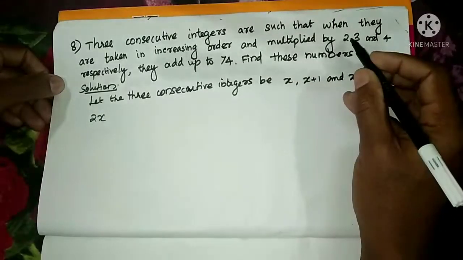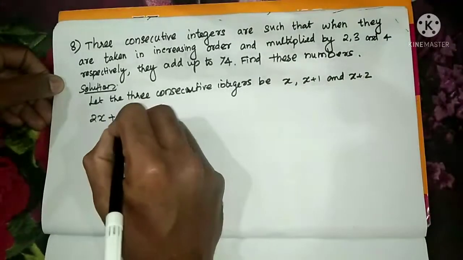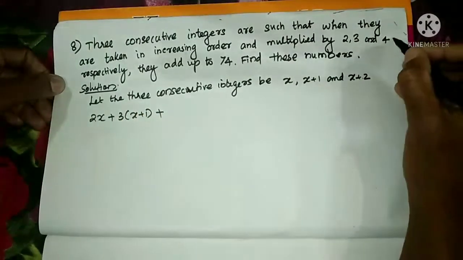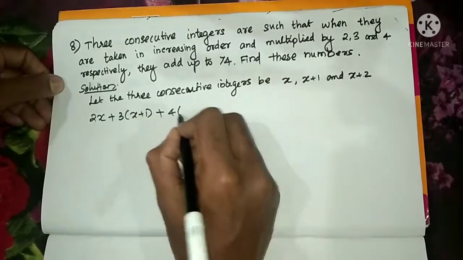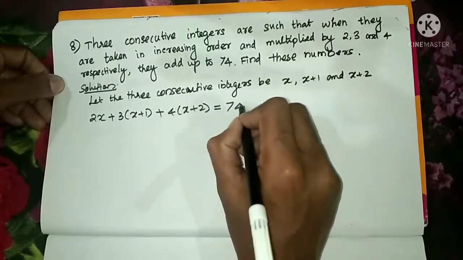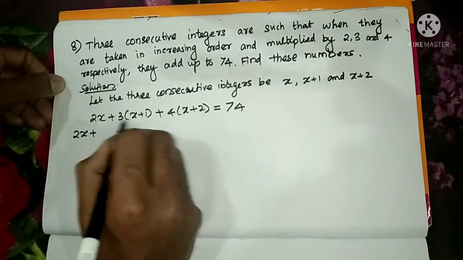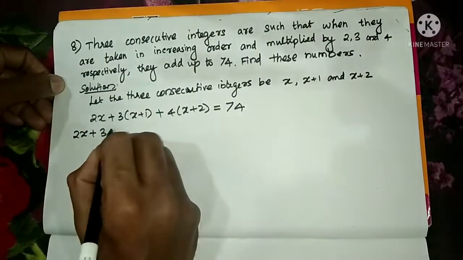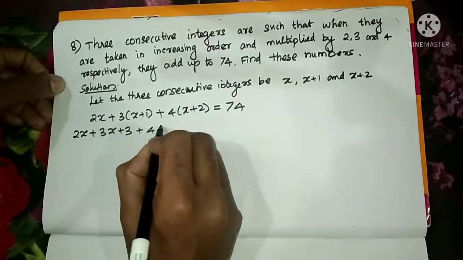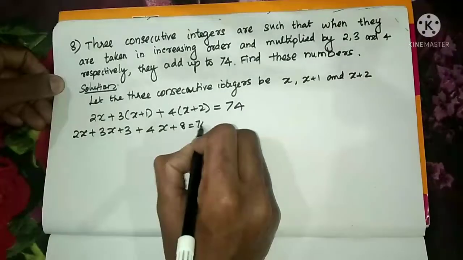So 2x plus 3 into x plus 1 plus 4 into x plus 2 is equal to 74. Multiplying inside, we get 3x plus 3, and 4x plus 8, is equal to 74.